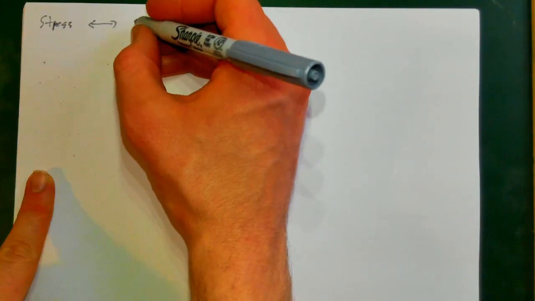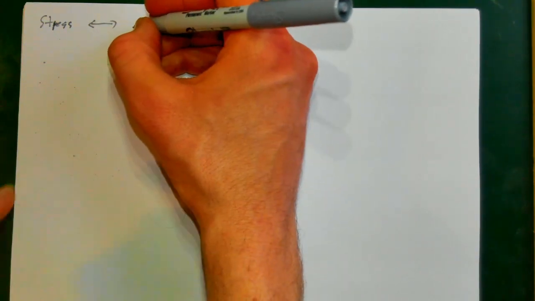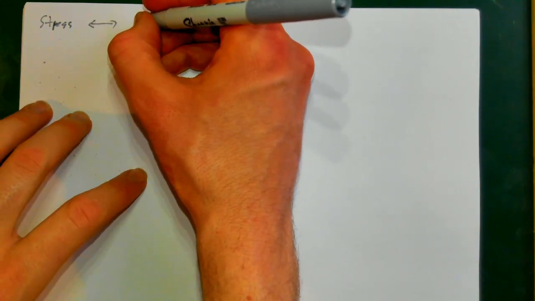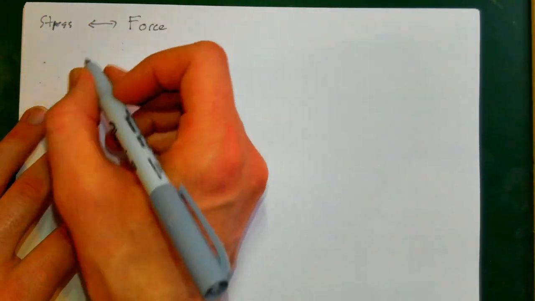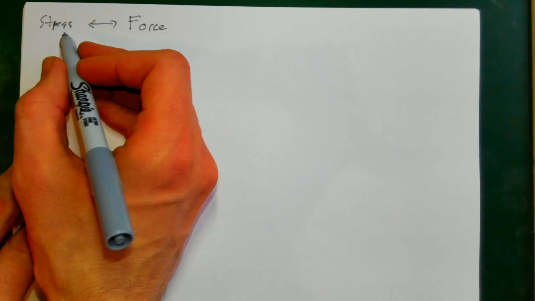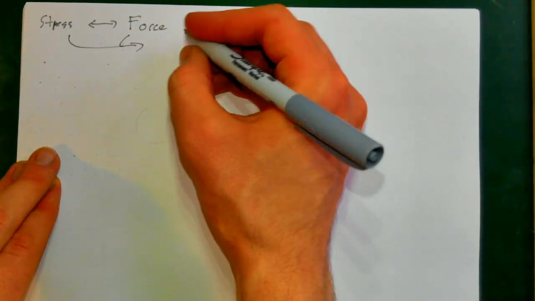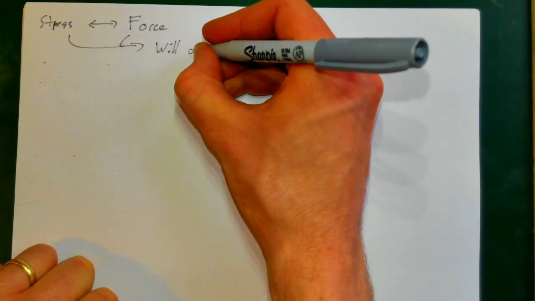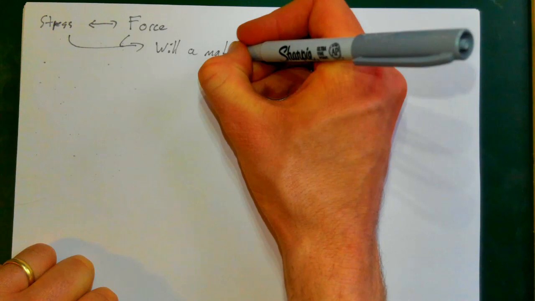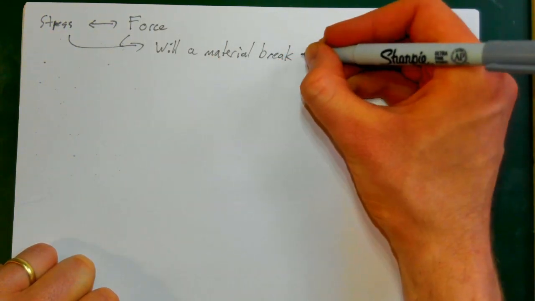So stress is the primary factor in what governs whether a material will break. Stress is related to force. We'll hash out the precise definitions later. But the key takeaway is that stress allows us to answer the question: will a material break under use?